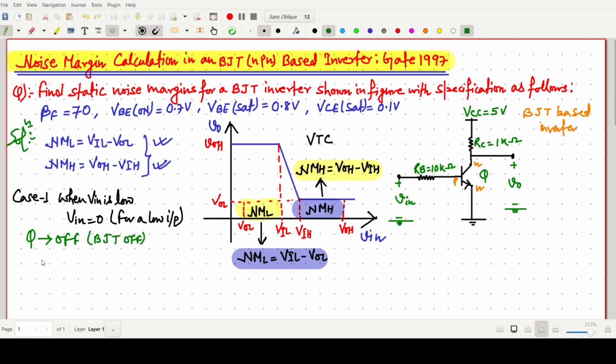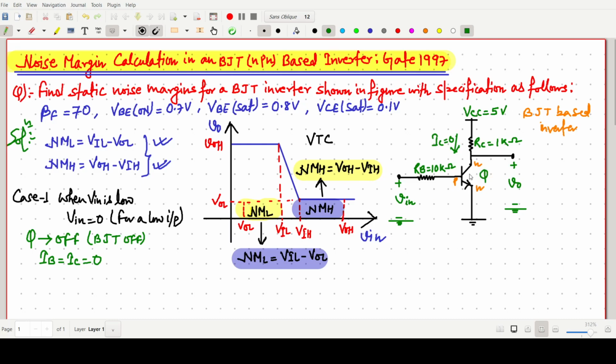When the BJT is off, there will be zero current in the base region and the collector region. So the current in this one is zero, that is, IC is zero.